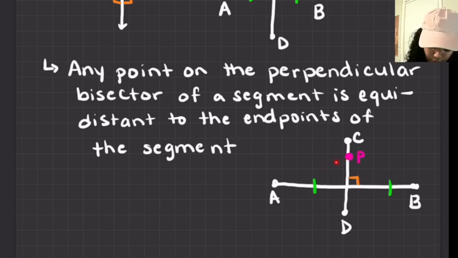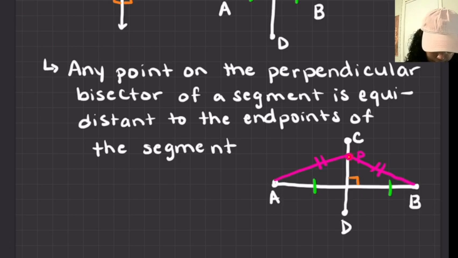If I were to draw a line connecting P to A, that first endpoint, and from P to B, the other endpoint, and measure those two segments, they would be congruent to each other. They would be equidistant.